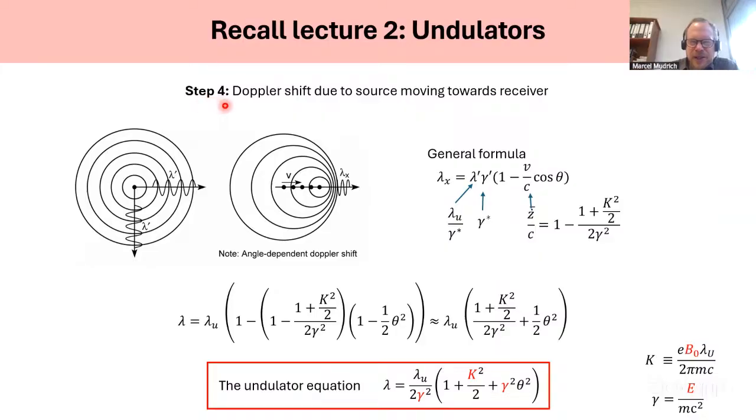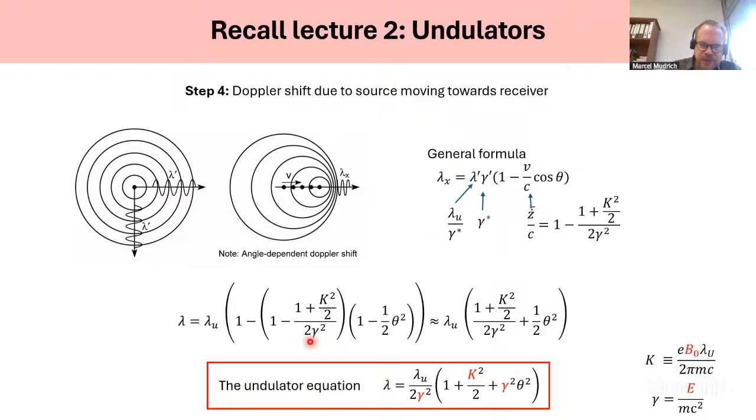And then finally, by transforming back from the rest frame of the electrons into the lab frame, which is done by using the Doppler formula, because the light emitted by the fast-moving electrons in the rest frame, once we transform back into the lab frame, the wavelength gets shifted by the relativistic Doppler effect, by this formula here.